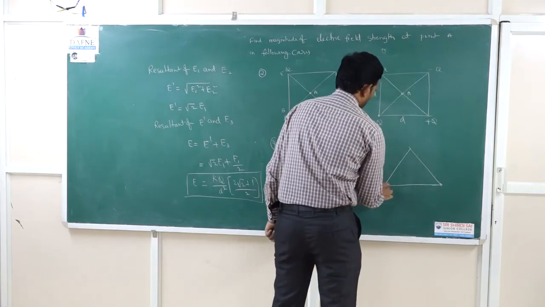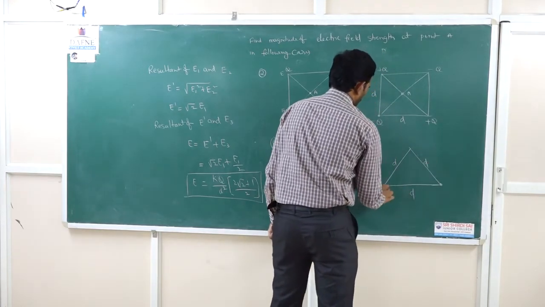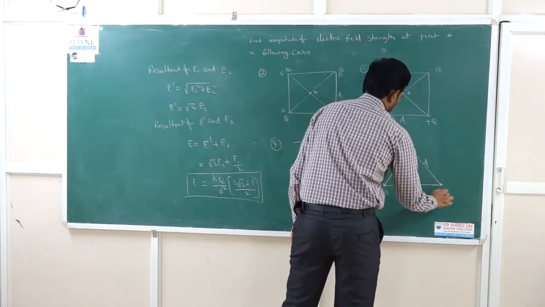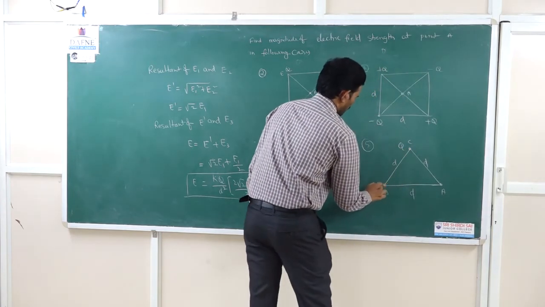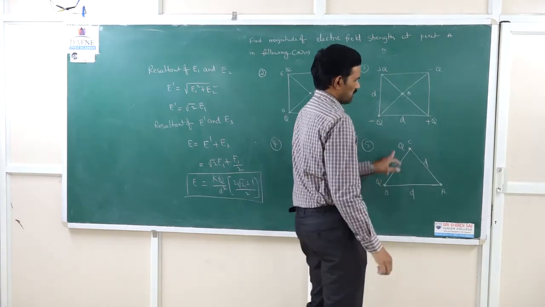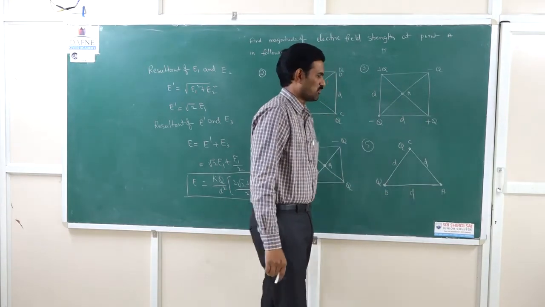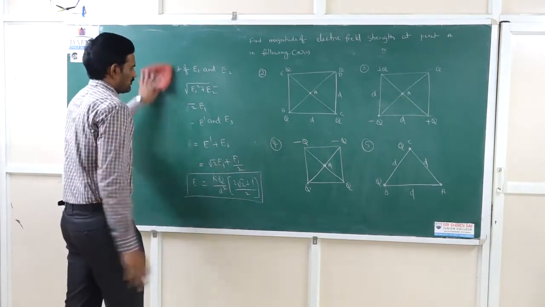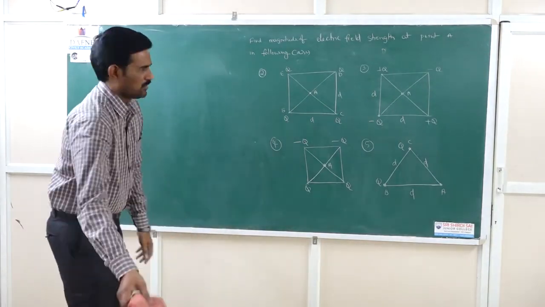So this is an equilateral triangle. Let us consider now. Here this is B, this is C, and this is the point A. So here two charges are there at the points B and C, we need to find electric field strength at the point A, where there is no charge. In that configuration, the fifth one, there is no charge at point A.